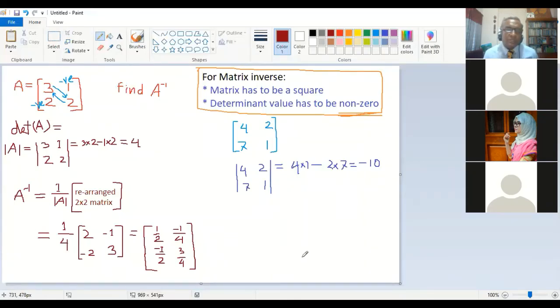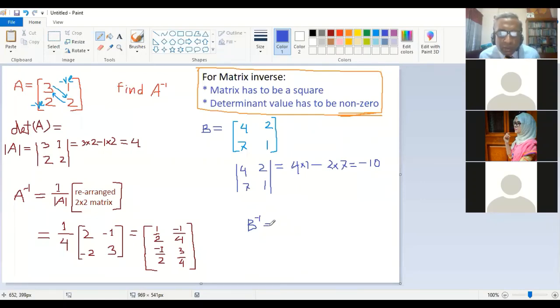Is it okay? You understand what I'm saying? Yes, sir. Okay, good. Now let me quickly show you the second example. Say this matrix is B and we want to find out what B inverse is. It will be B inverse, not B dash, sorry.